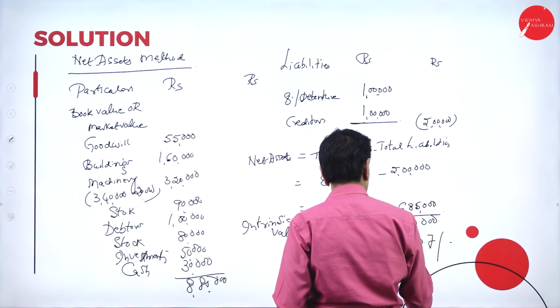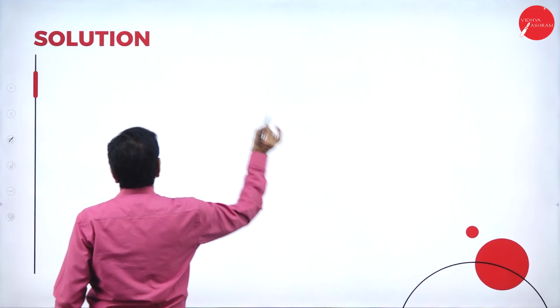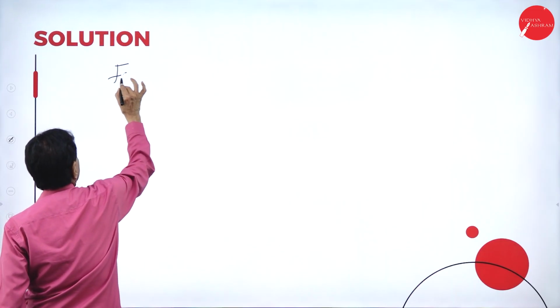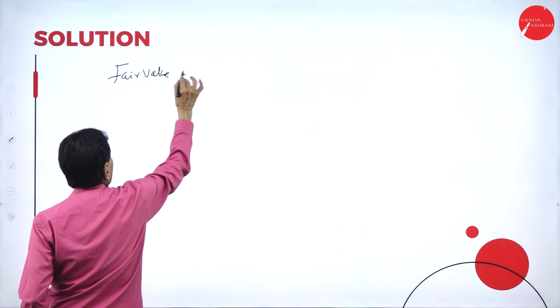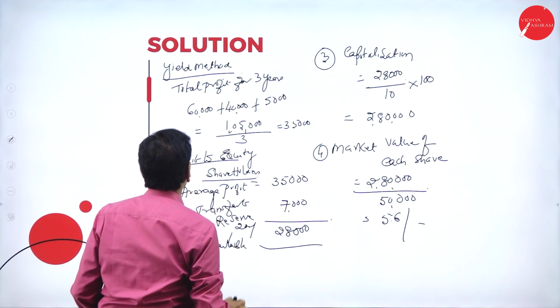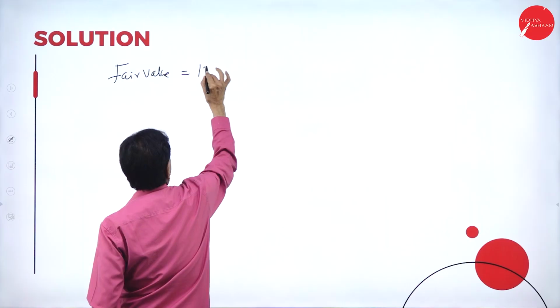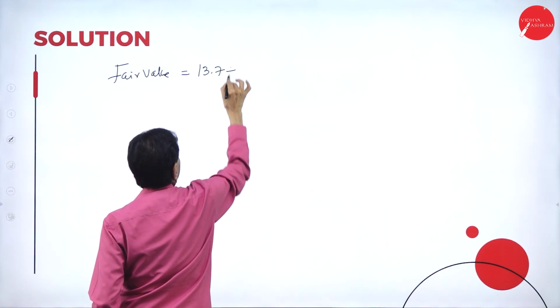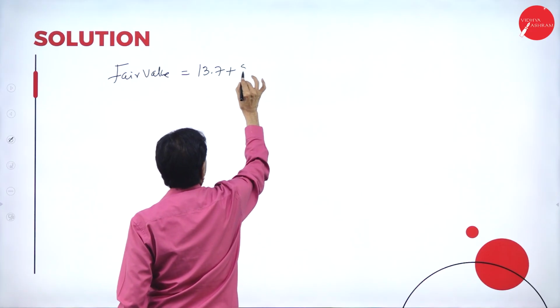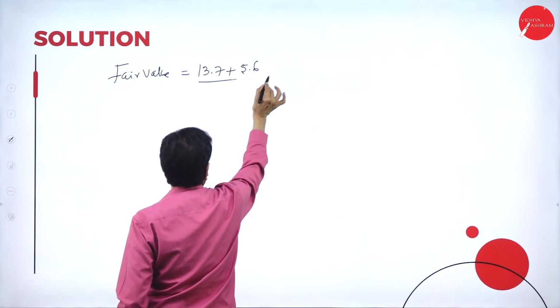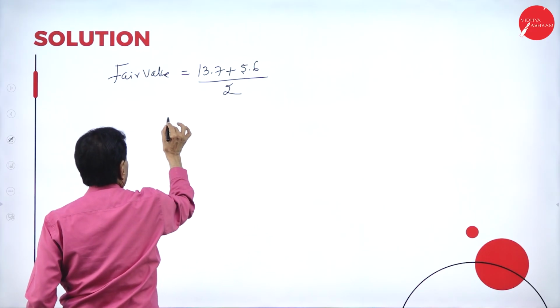There we got 13 rupees and paisa. Fair value: at first one 13.7 plus second value 5.6, whole divided by 2.